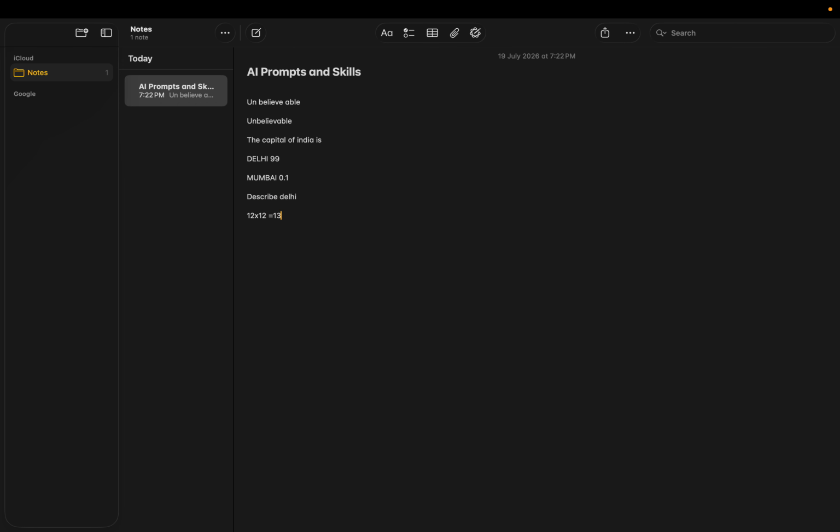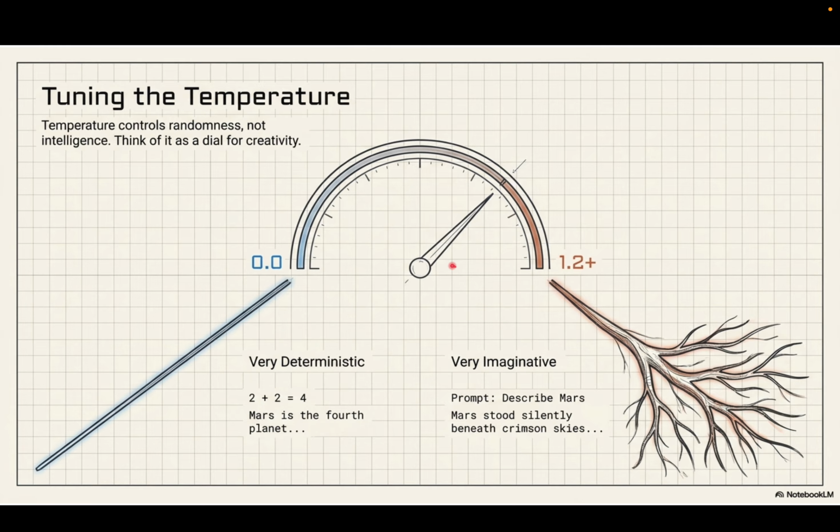That is 144. That is a very determined answer. The temperature is very less. But for suppose when I say write me a poem on 12, that is a very creative answer. So the temperature is very high. So it's just a measure of creativity. ज़्यादा creative है तो temperature ज़्यादा होगा, कम creative है तो temperature कम होगा. You can just simply understand it that way.